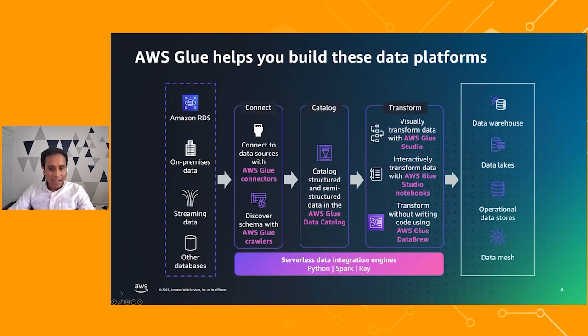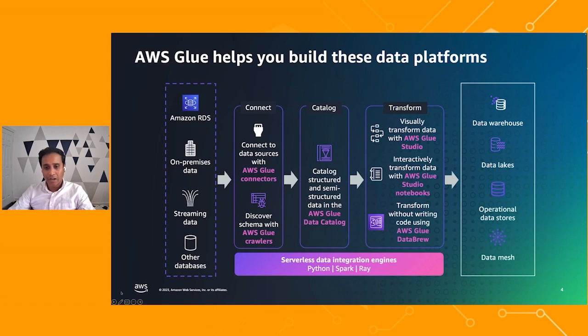And then you can take your data and transform it in 3 different ways. One is you can visually transform this data with Glue Studio, which is meaningful for customers who really like a visual way of authoring their jobs. Second, you can use Glue Studio Notebooks if you would like to author code to transform your data.